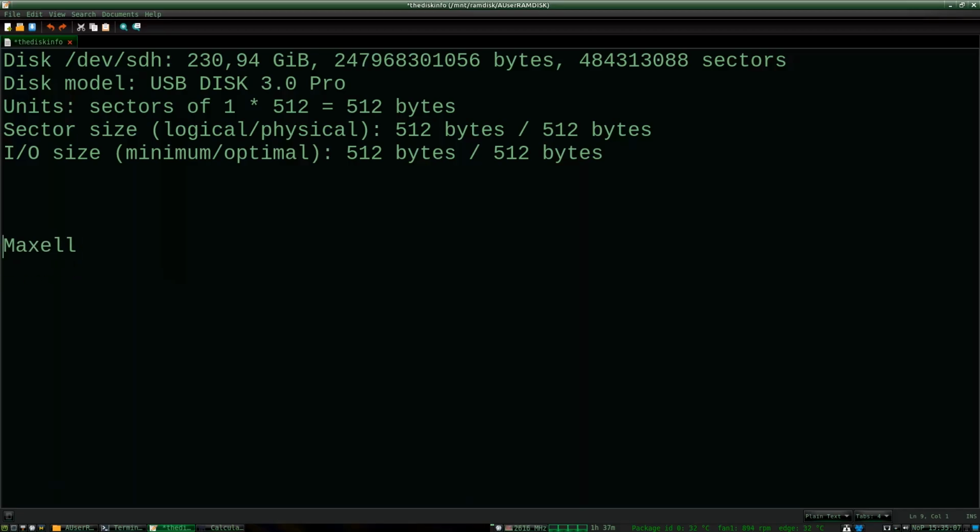Maxell 256 gigabyte USB 3.2 Gen 1 Venture. That's the product, and it's bullshit. What's this about? It's not 256. It's supposed to be 256.